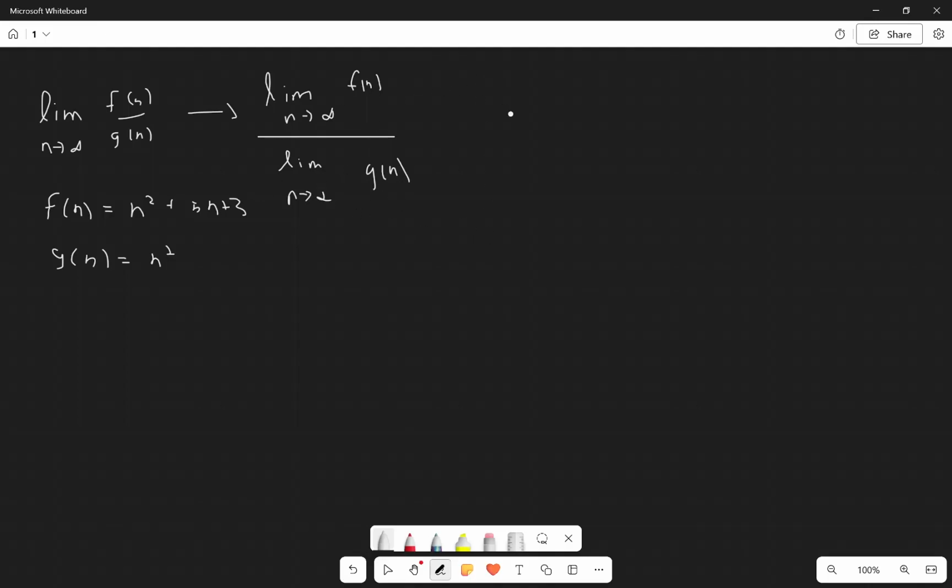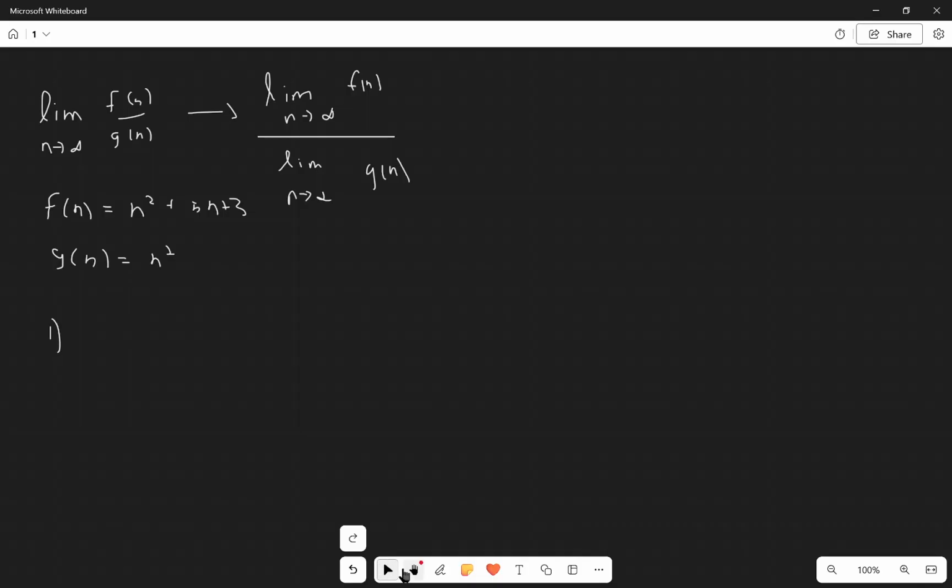So there are three possible values we can get. I will do some calculations to show you later, but let's talk about the three possible values. The first possible value is that we can get infinity.